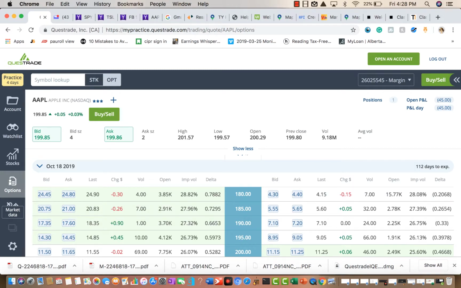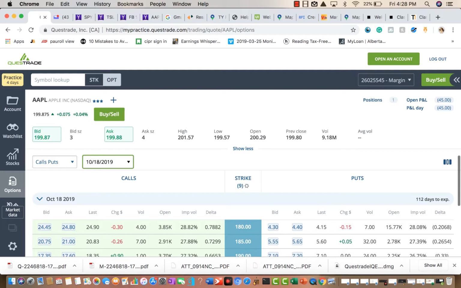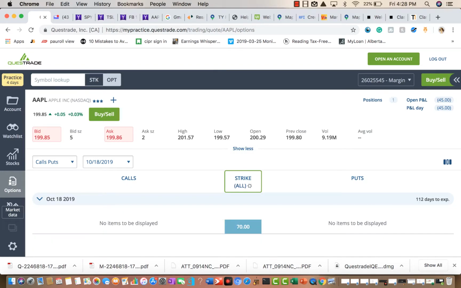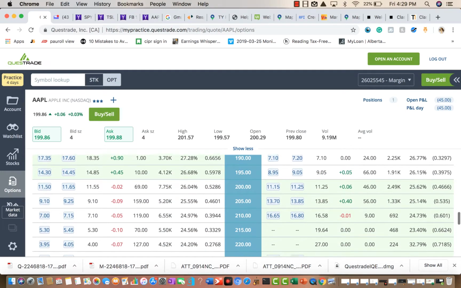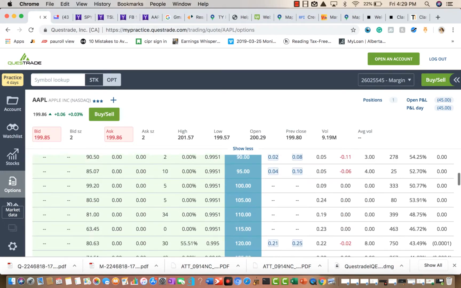If you choose October as your expiration date, you're gonna have 112 days till expiration. Right here it's at 9. You want to choose all so that it shows you all of the different deltas that you can choose from.